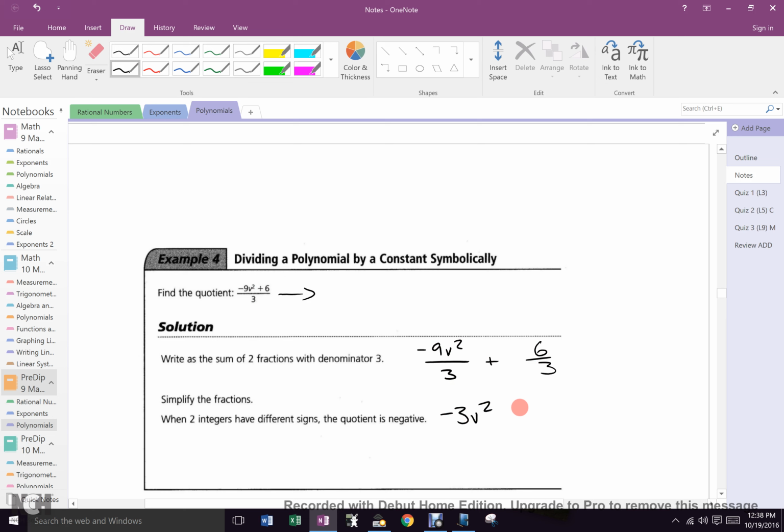And what is this? 2. Done. Now, are you the type of grade 9 math class that needs to write that out the whole way every time? No. You're the type of grade 9 class that can go, okay, that's negative 3v squared plus 2. Do you understand? Yes. This is what is really happening. Do you need to know this? Maybe. Yes, you need to know what's really happening, don't you?